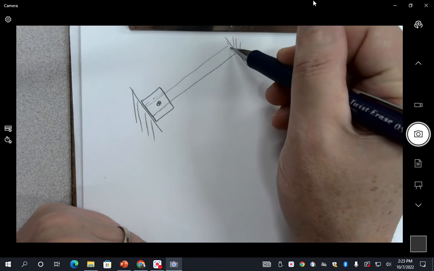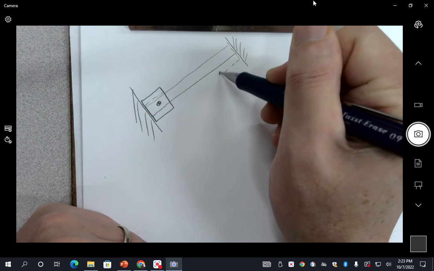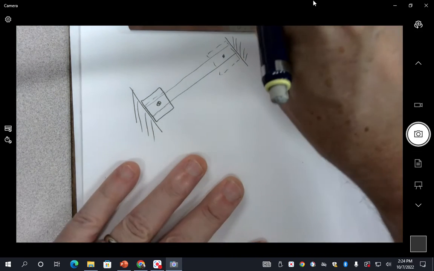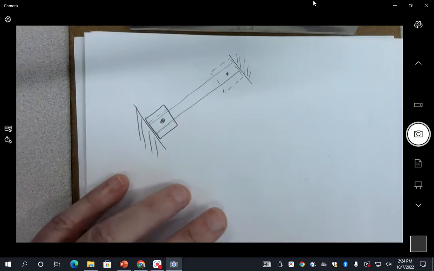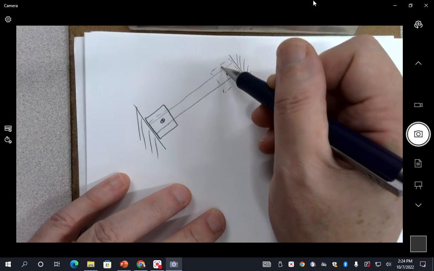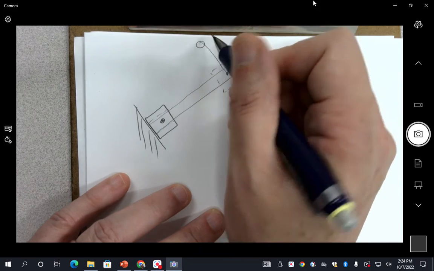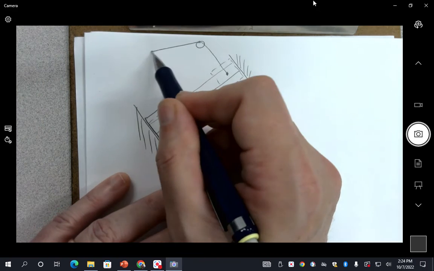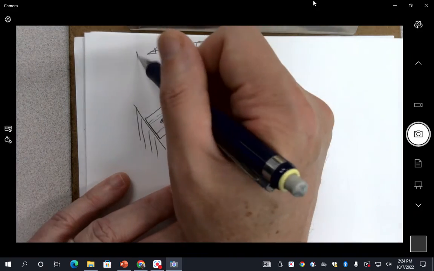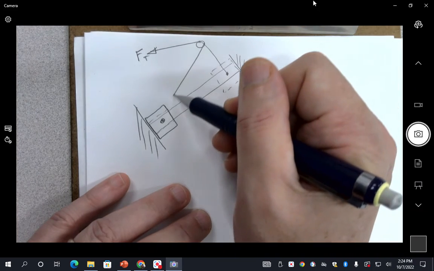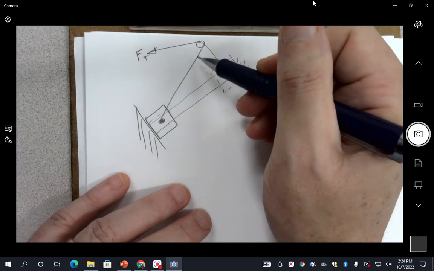And when the collar gets up to right here, it's attached to a pulley, and somebody is pulling a string with a constant tension. So when it starts, it's like right there.